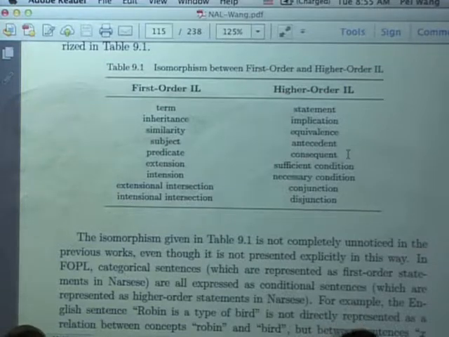But again, in first order, we talk about extension and intension. Extension is everything you see on this side. Intension is everything on this side. In higher order, we can do the same, which corresponds to the traditional terms sufficient condition and necessary condition.